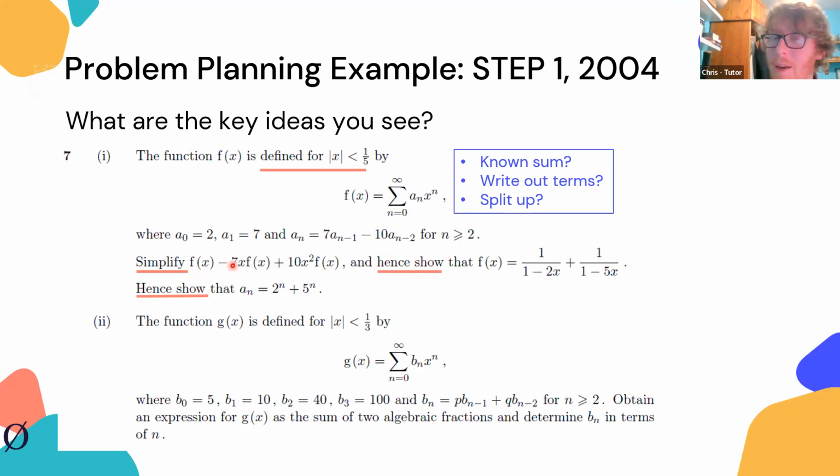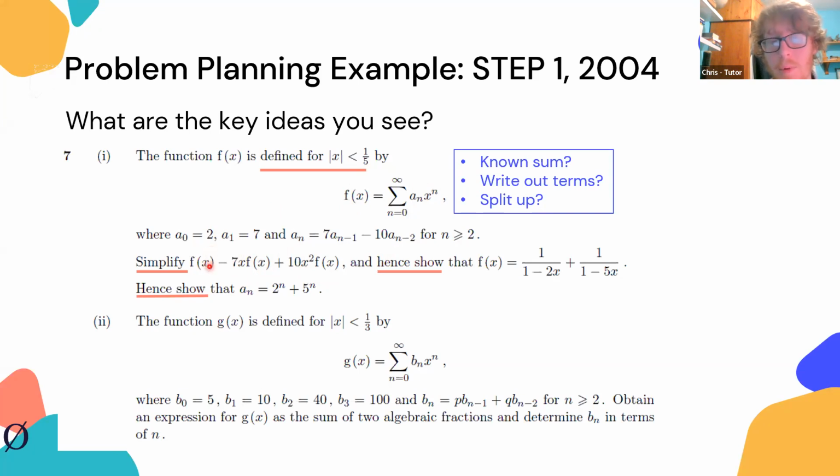Rather than factorizing it now or treating it as one big long thing, it's probably a good idea to look at the three parts. One way to do the question will be to look at the three parts individually and then add them up. So write expressions for f(x), 7x f(x) and 10x squared f(x) individually, then add them up and see what happens.